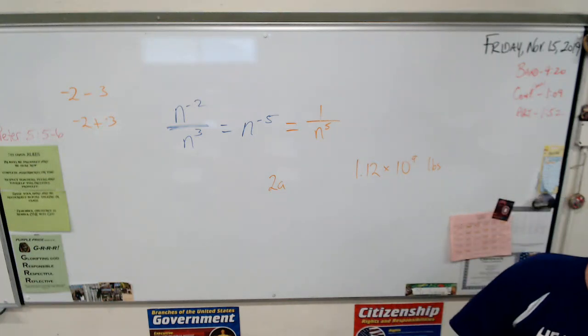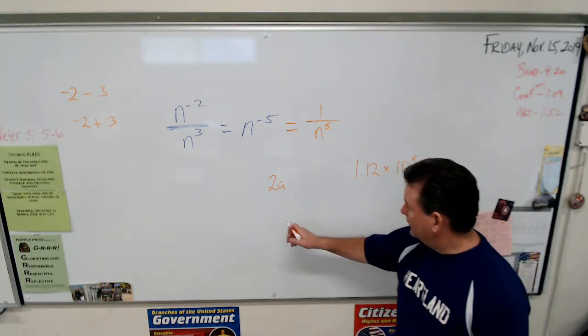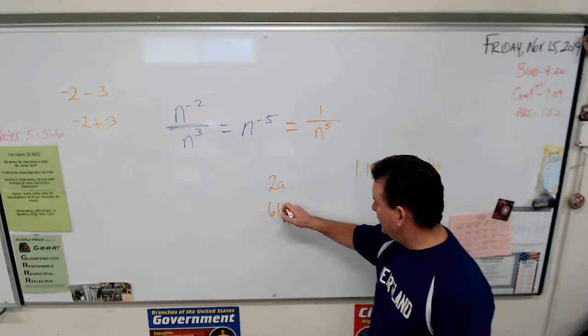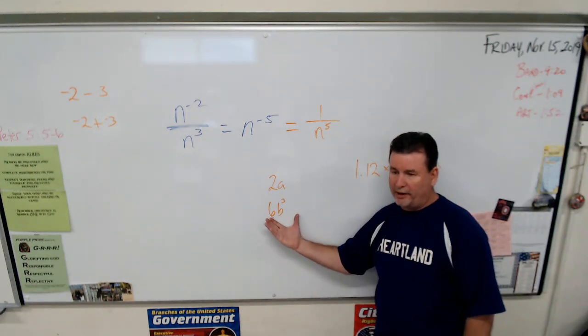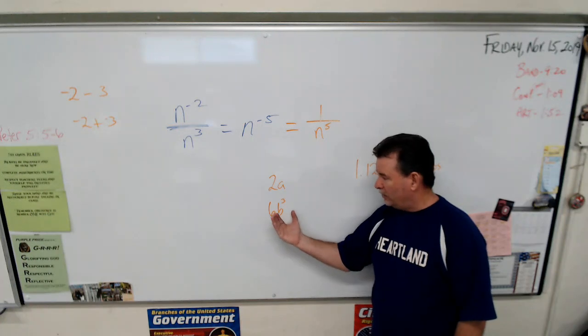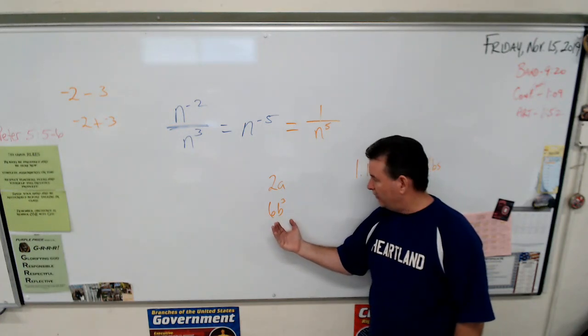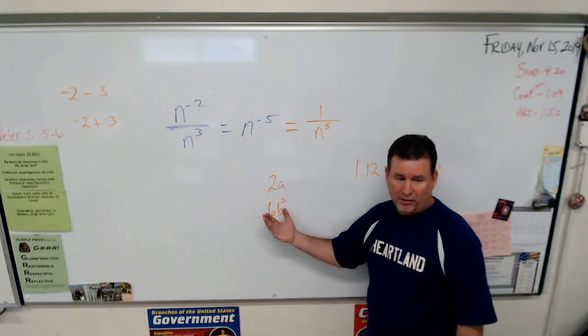John. 6b to the third. Okay, 6b to the third. It's called a monomial because it's written as one thing, even though there's a coefficient and a variable and it's raised to a power.